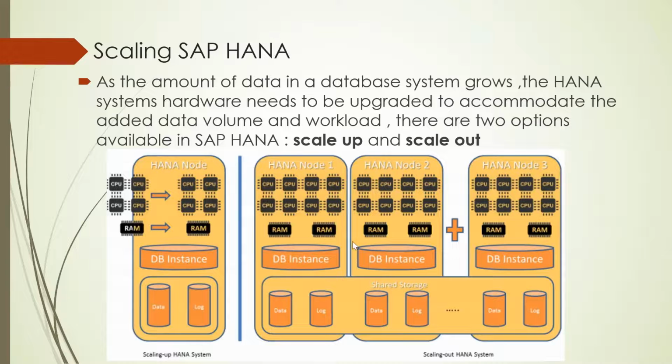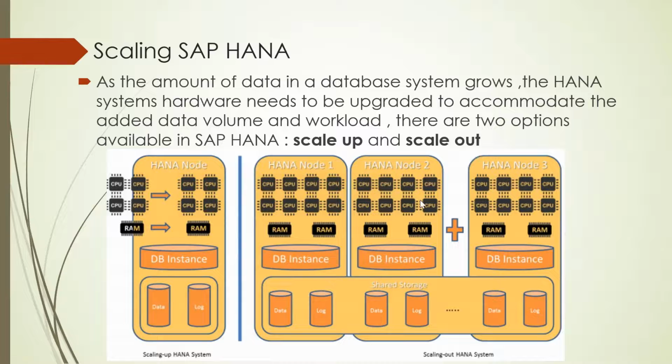If you have a distributed system with multiple nodes in one HANA system and you want to upgrade, then we don't add CPU and RAM to each node, because adding CPU and RAM in all the nodes would be very costly.